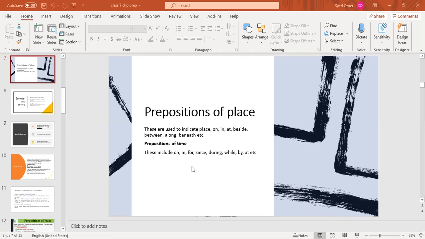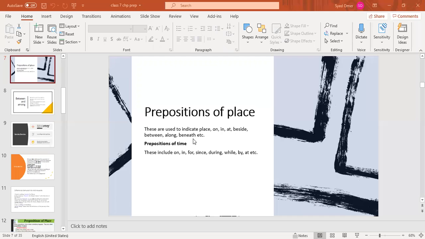For example, on Monday, on Tuesday, on 24th January, in the morning, in the evening, for 2 hours, since Friday, since Monday, during the journey, while working hard. By or at night, by Wednesday, by Friday. These are all prepositions of time.